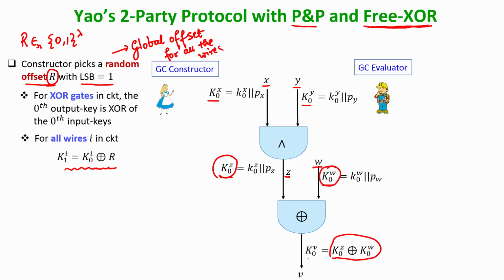It is a global offset in the sense that the key assigned with every wire corresponding to 1 is set to be the XOR of the key corresponding to 0 assigned to the same wire and the global offset R.